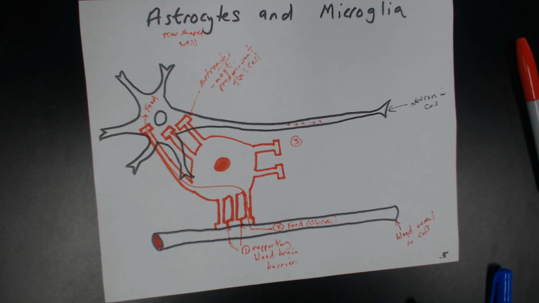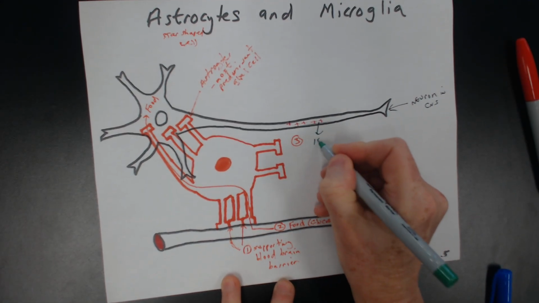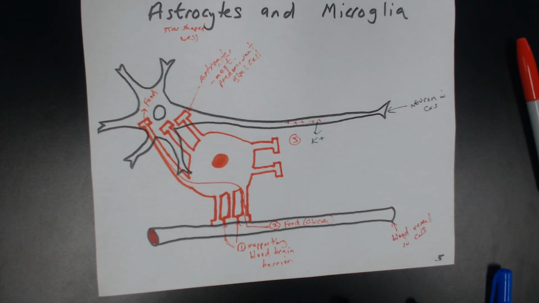So that action potential goes through, you reach a positive point, and then those potassium channels open, potassium floods out of the cell. So when the potassium floods out of the cell, you have an increase of potassium in that extracellular space.